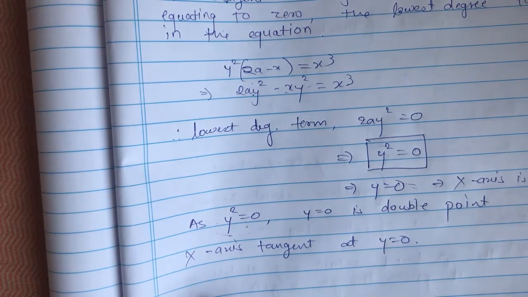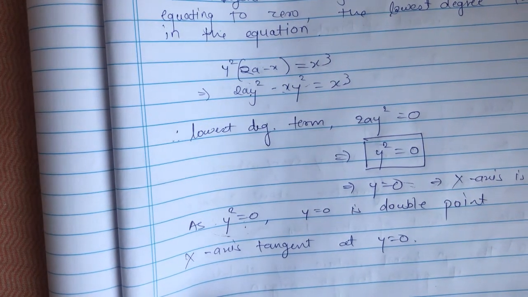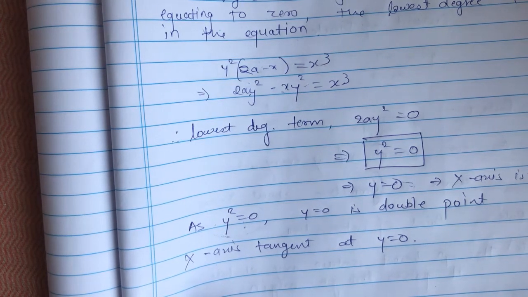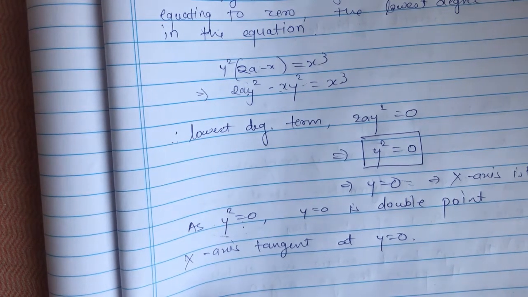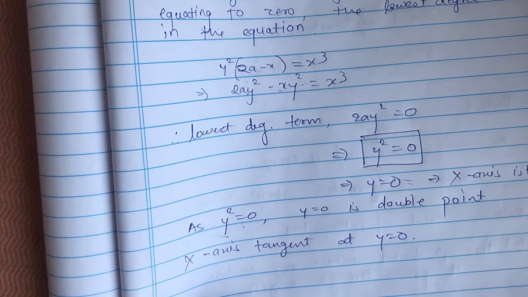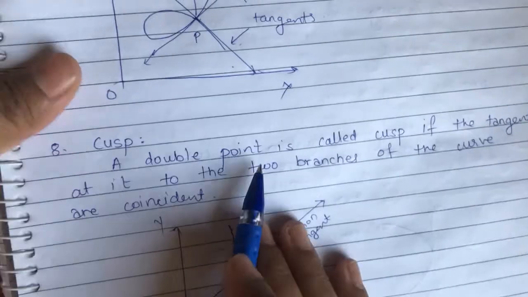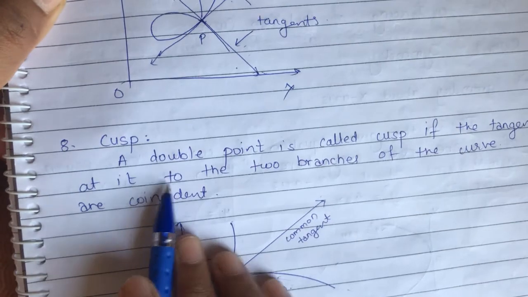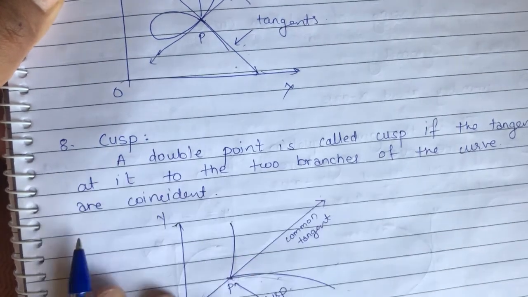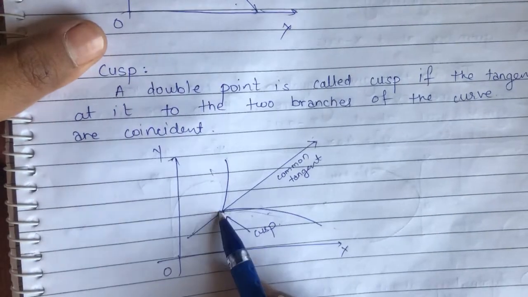This is the definition of a cusp, which we have seen: a double point is called a cusp if the tangents at it to the two branches of the curve are coincident, and it looks like this.